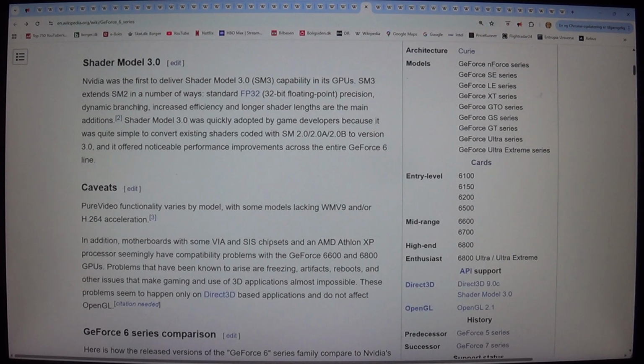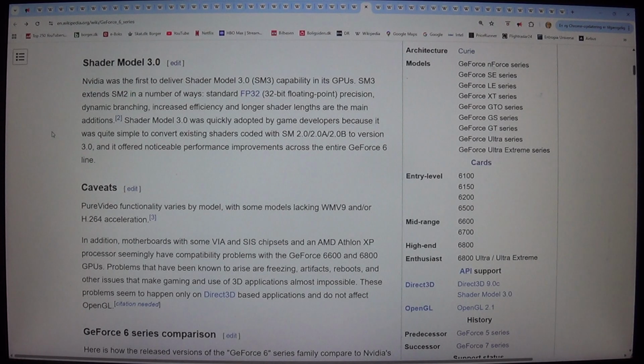Shader Model 3.0 was quickly adopted by game developers because it was quite simple to convert existing shaders coded with SM2.0/2.0a/2.0b to version 3.0, and it offered noticeable performance improvements across the entire GeForce 6 line.